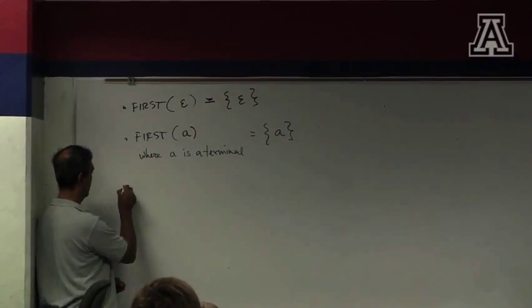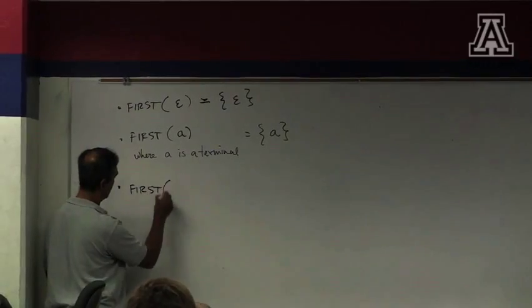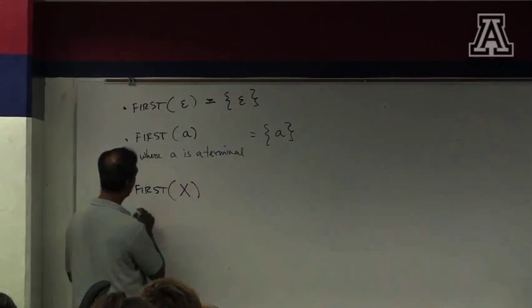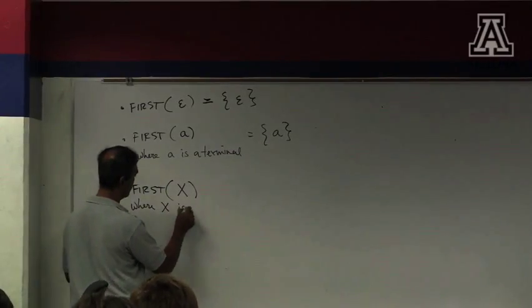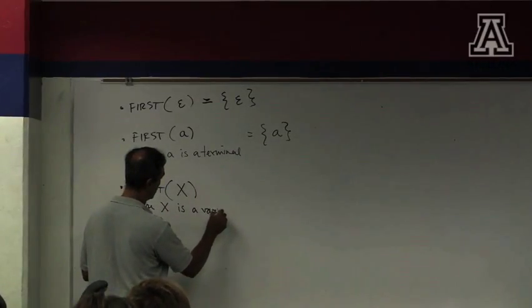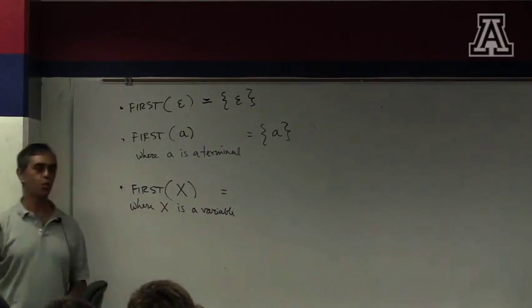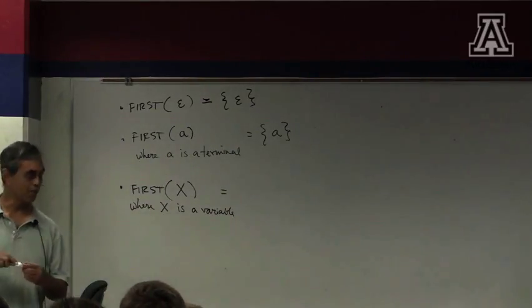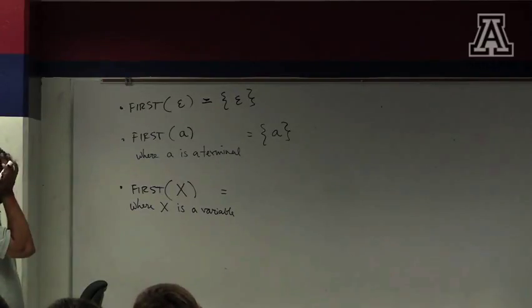OK. Suppose x is a variable. OK, this is the hardest one, and it's not even that hard. If you can figure this out, the rest kind of falls out.